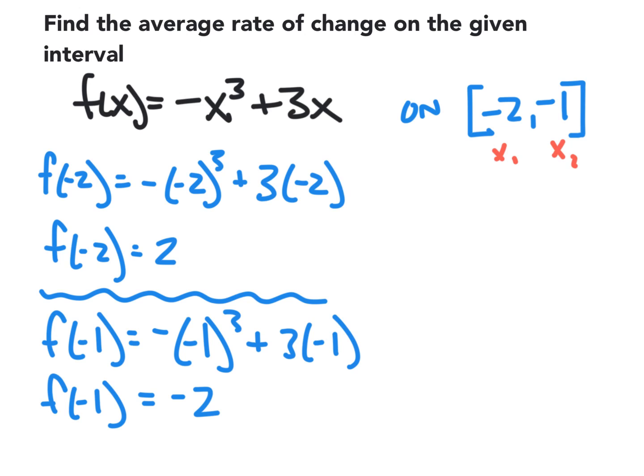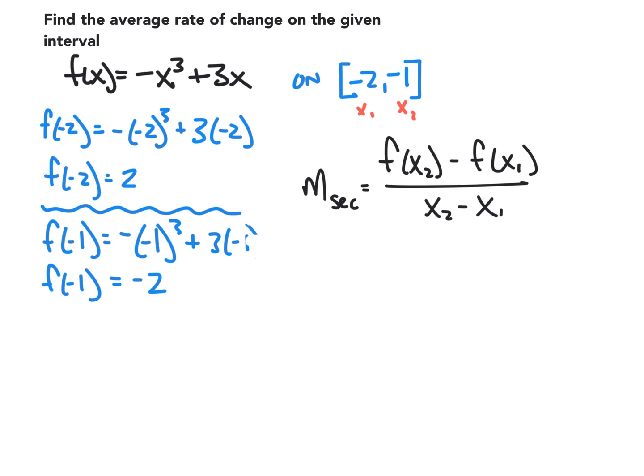Now I've got my y values and my x values, so it's time to find the slope. Remember the equation: it's f of x2 minus f of x1. f of x2 was f of negative 1, which was negative 2, so you have negative 2 minus f of x1, which is 2, all over x2 minus x1, negative 1 minus negative 2, or just plus 2.